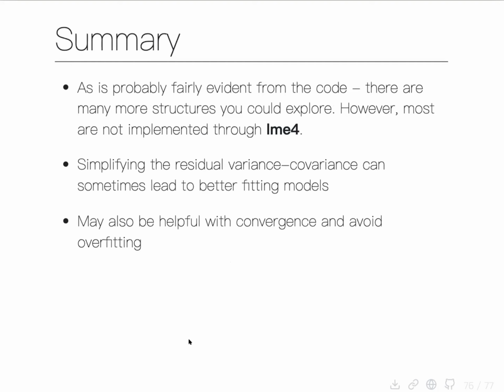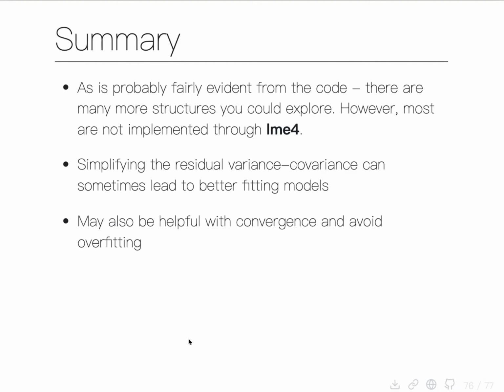Okay, so wrapping up for today, and then we're going to move to the homework for the last half hour. As is probably pretty evident here, there are tons of different variance covariance matrices, like residual structures, that you could conceivably fit, with the combination of different correlation structures in NLME and those different weighting things that we saw with varIdent.